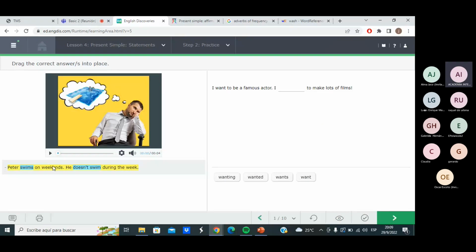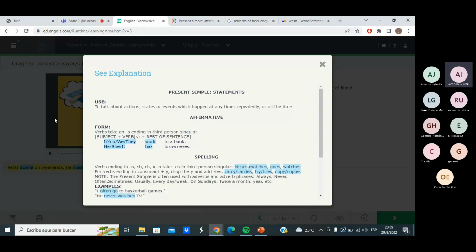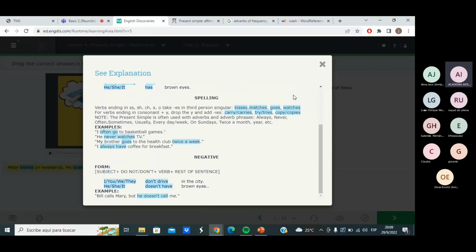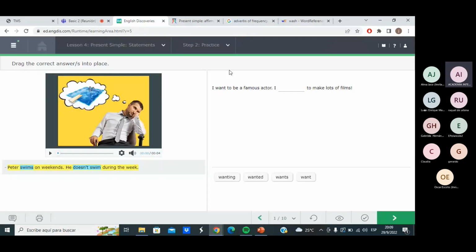This is the same example. And here where it says see explanation, you're going to find the same information. La misma información, ¿verdad? Que estuvimos viendo. Solo que queda todo en inglés.